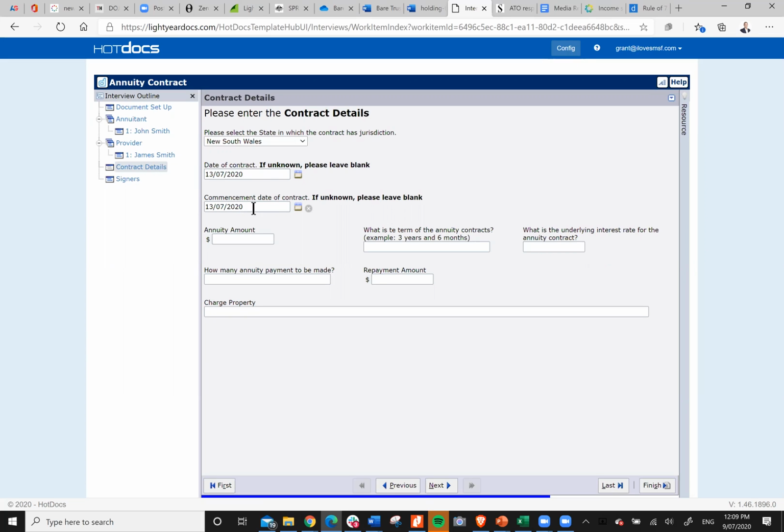For example, I could have the date of contract now, and commence it in 6 months' time, because the annuitant doesn't need the money now. They need it in 6 months' time. So anyway, I'm going to put in the annuity amount. So I've got $200,000, and there's no limit on the term that you can have. As I said, you can go up to lifetime if you want.